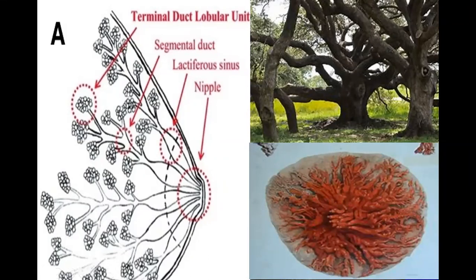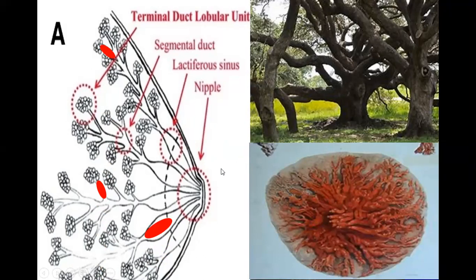But if we look at these ducts and their directions, look, this duct is in these directions, while this duct is directed like this, while this one is in that direction, like the branches of the tree.